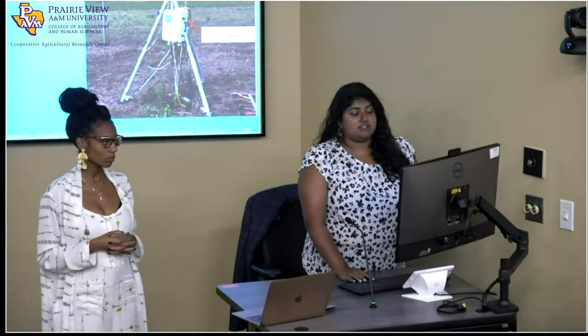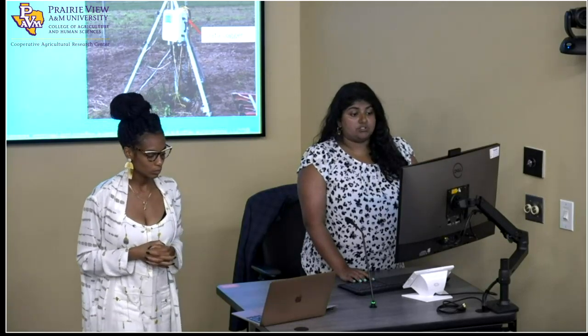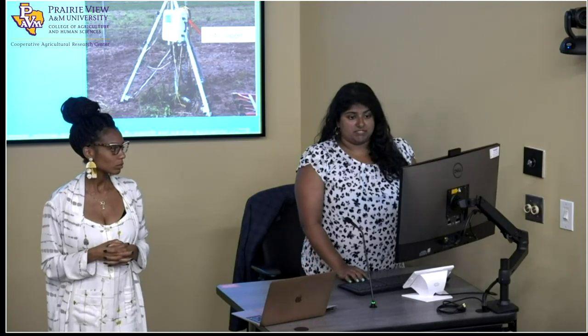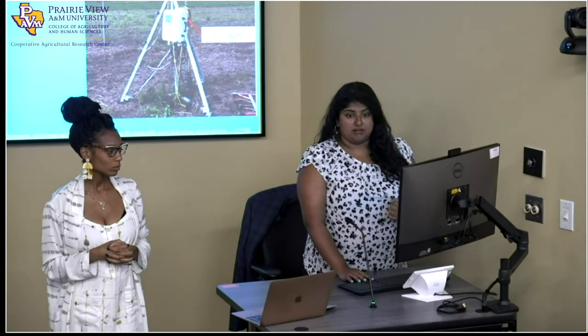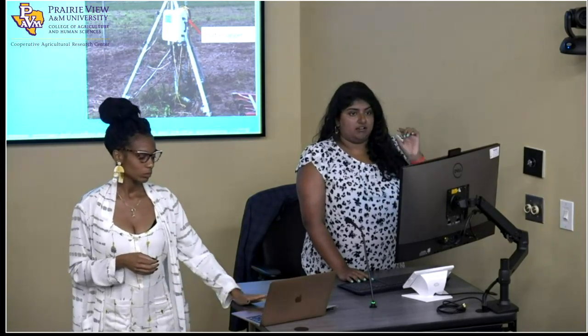So how are these energy fluxes measured? These energy fluxes are usually measured using an eddy covariance tower, shown here. This is a picture taken by Dr. Ray of the PVAMU eddy covariance tower measurement. The basic principle is that this tower measures the air velocities and different eddies formed by the turbulence of air past a single point at a period of time.